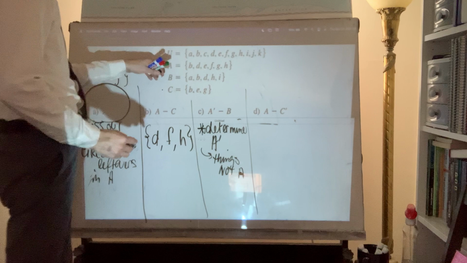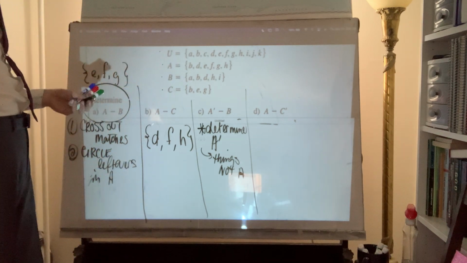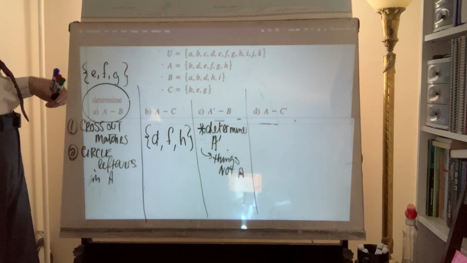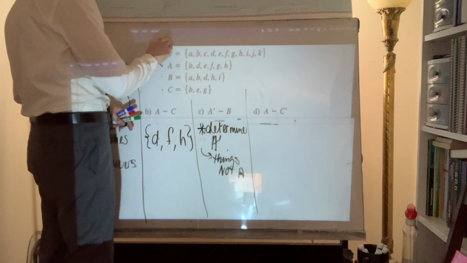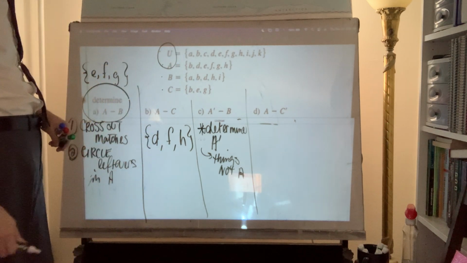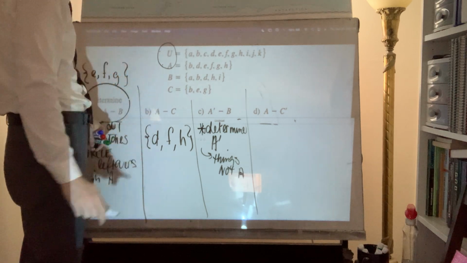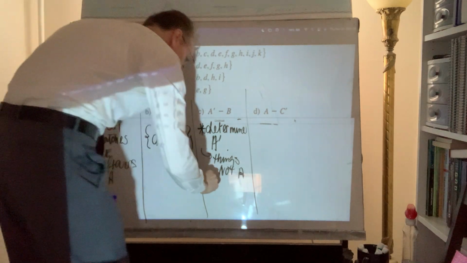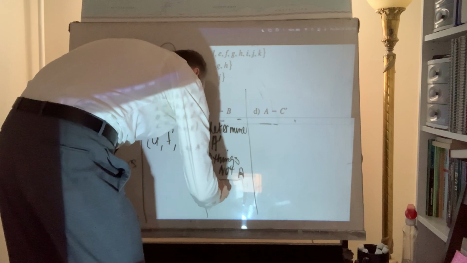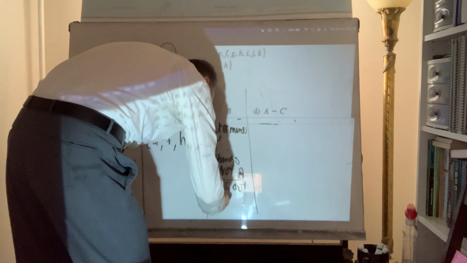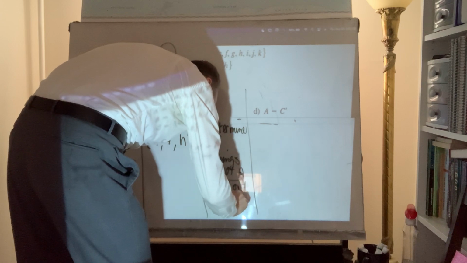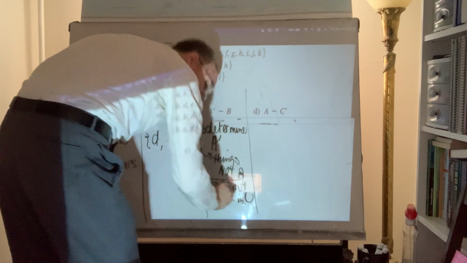All right. So in that case, what could we do? Cross out the matches in the universal set. So you're really going to pay attention to these two first. In that case, cross out matches in the universal set. Is that visible?